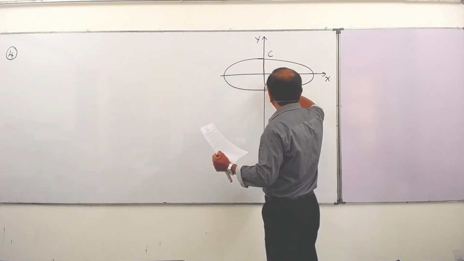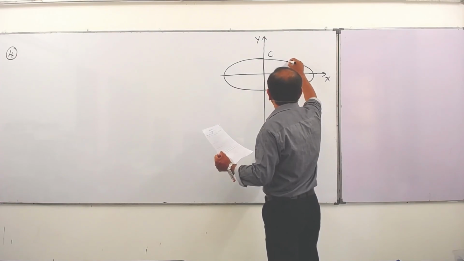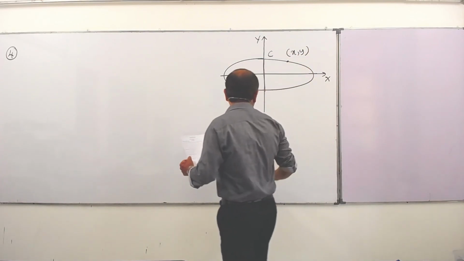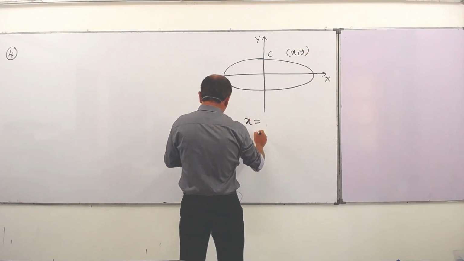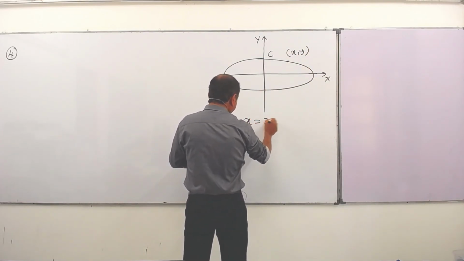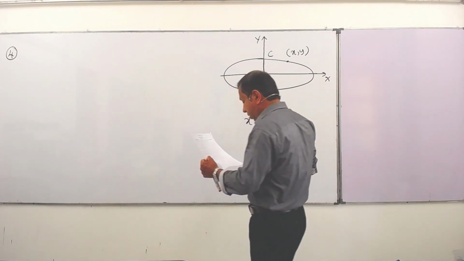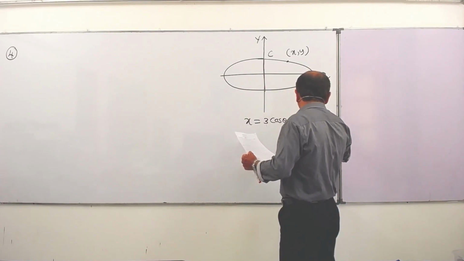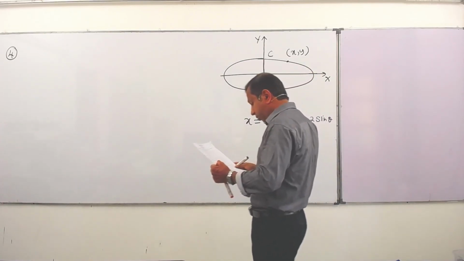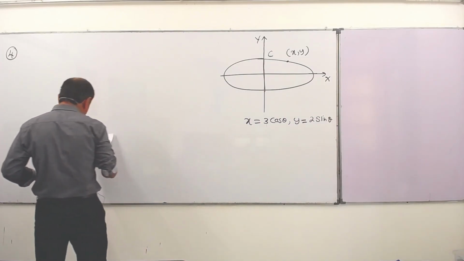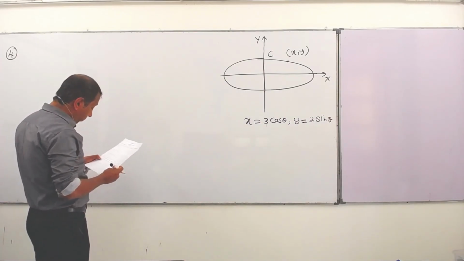Parametric coordinates means that if I take any point on the ellipse as (x, y), the x coordinate is given by 3 cos theta, and the y coordinate is given by 2 sin theta.